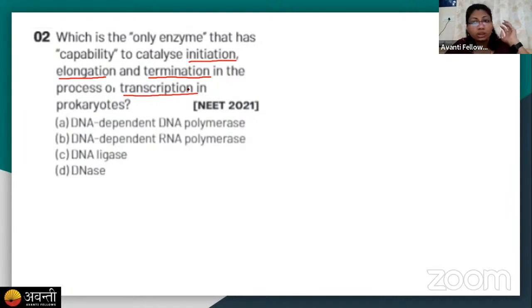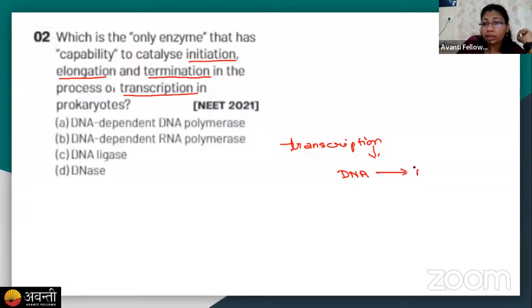Transcription involves three steps: initiation, elongation, and termination. What is transcription? Transcription is the process of conversion of DNA to RNA, or we can say RNA synthesis.